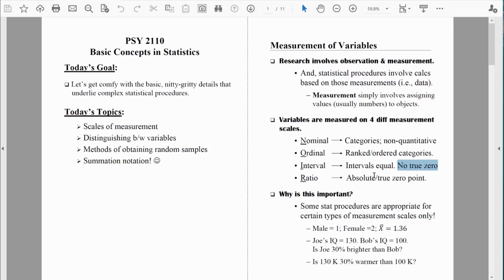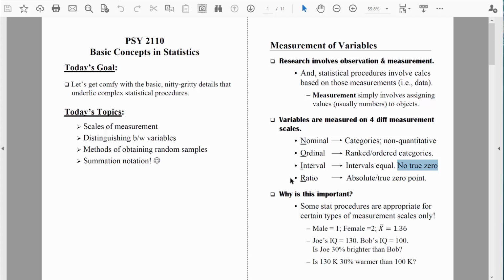That means 0 was not the beginning of the scale. Same thing works with Fahrenheit degrees. 0 degrees Fahrenheit is not the beginning of that measurement scale. It could be negative 10 degrees outside on any given day. So in both those examples, we don't have a true or absolute 0 point. 0 on those scales does not represent the absence of what we're measuring, heat.